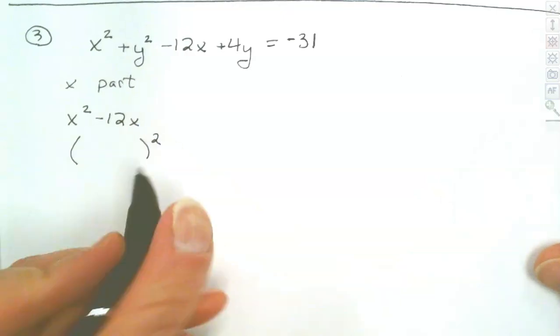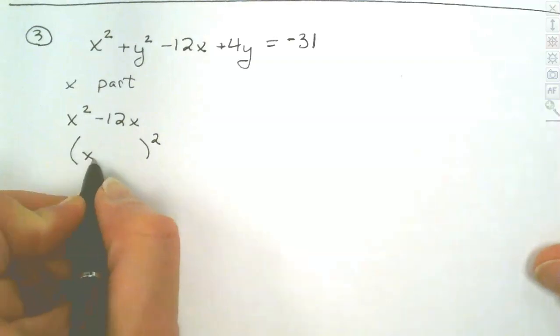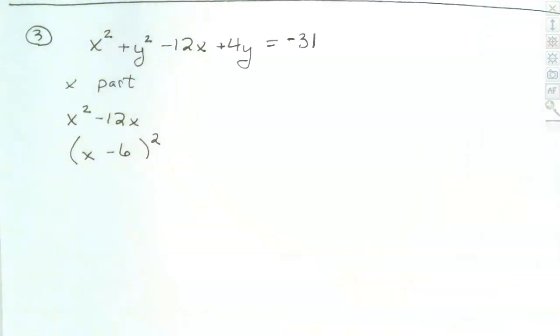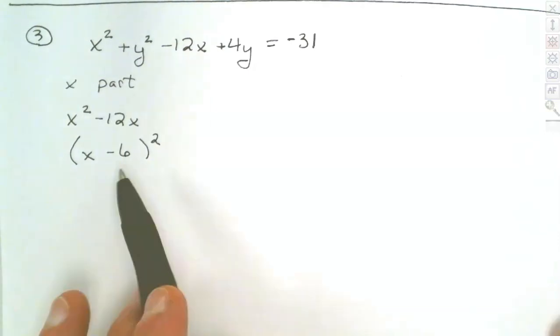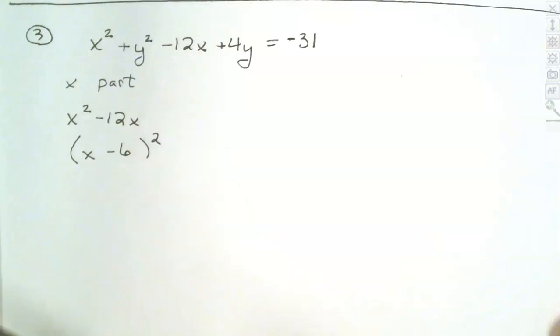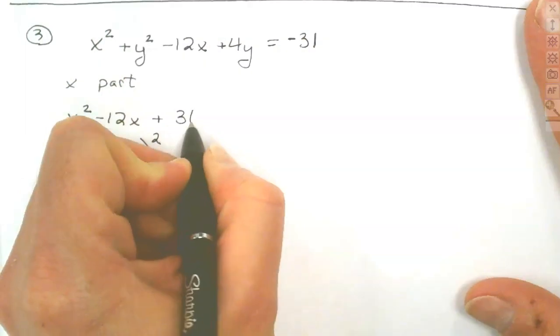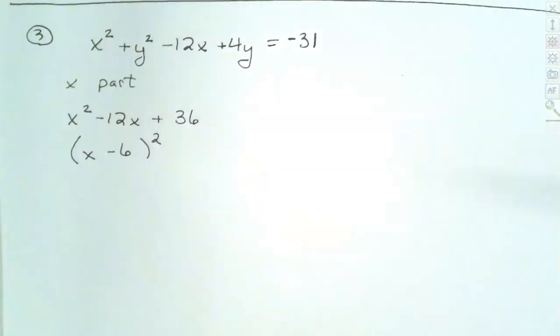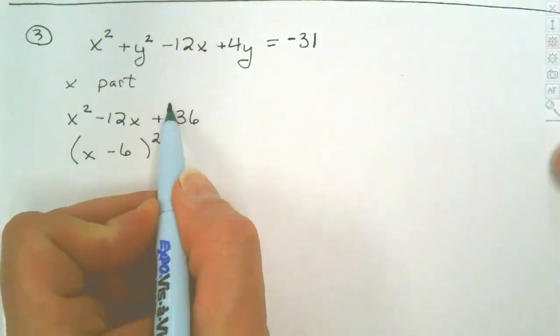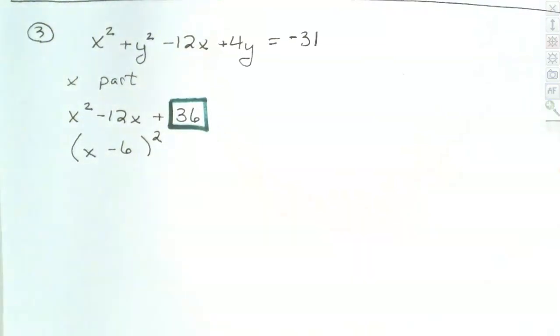And half of negative 12 comes out to be a negative 6, doesn't it? Now, whatever we take out, or move down below to factor, we have to add it back in so that it'll work. So 6 squared is 36. So that 36, we've got to make sure we remember where it's at, because that's going to be added on at the end.